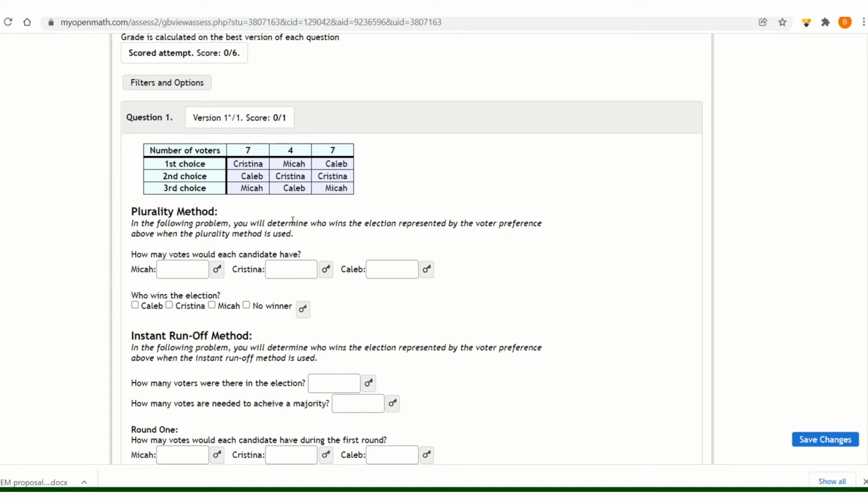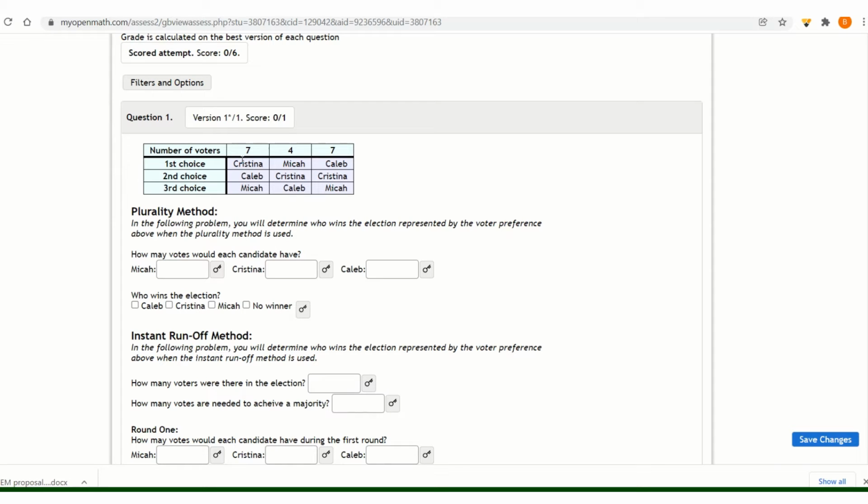In this problem, we're going to determine, first of all, who wins the election represented by the voter preference above when the plurality method is used. Plurality is always the first place choices, so we only have to look at the first row.